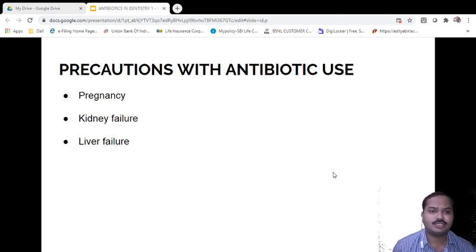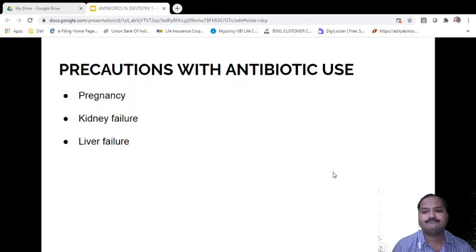the alternative drugs. In the use of antibiotics, we have to be precautionary in cases where the patient is pregnant, in cases where the patient has kidney failure, and in patients having liver failure. In cases of pregnancy, most of the time there is no antibiotic which will not have any effect on the fetus.